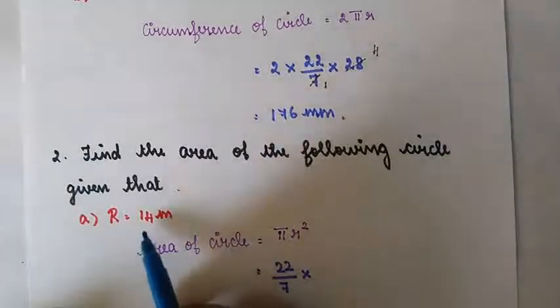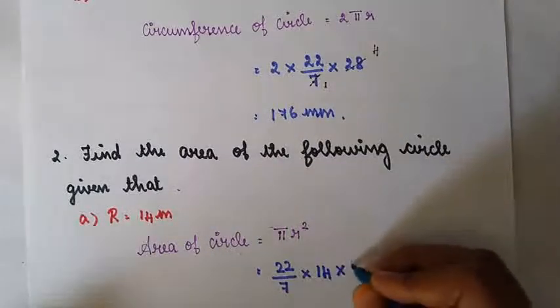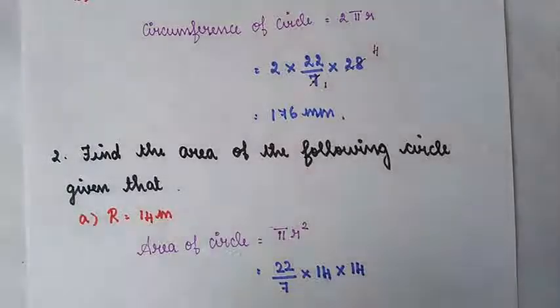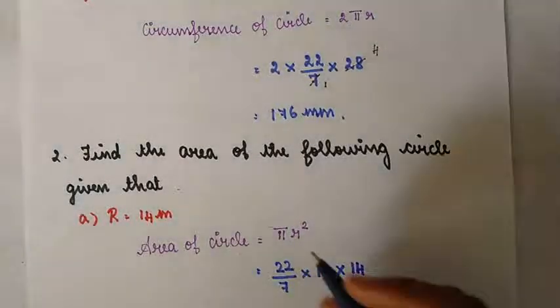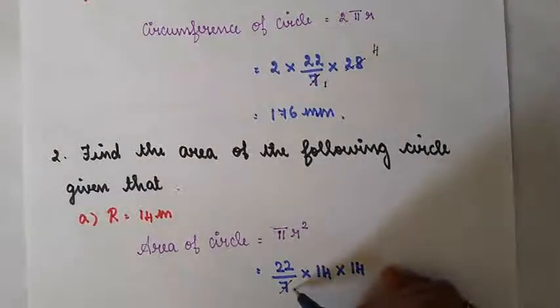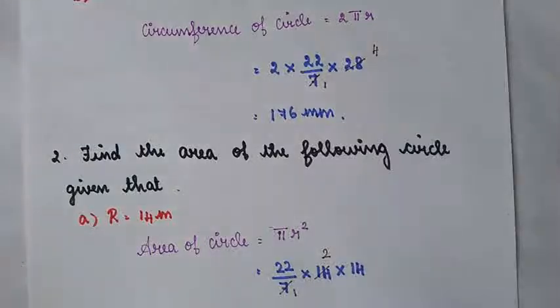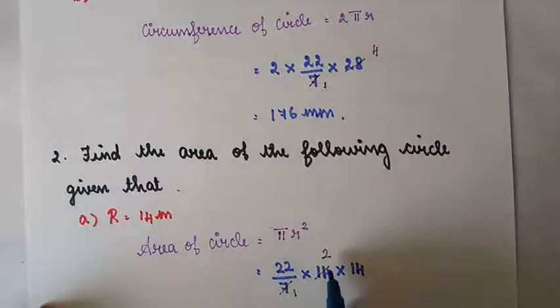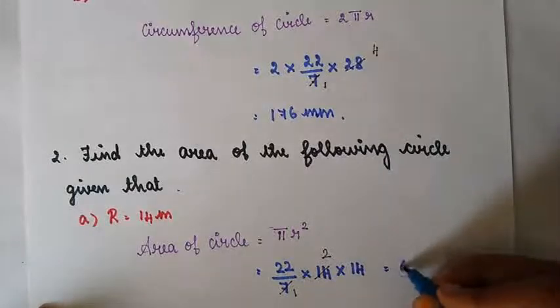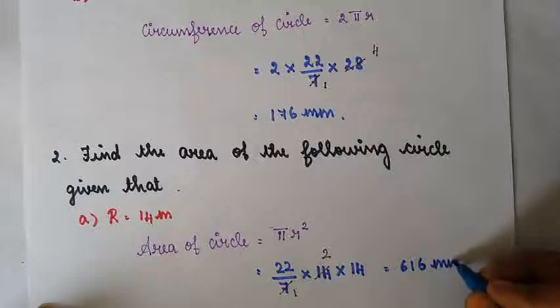Here what is the value of r? 14. So 14 into 14. Next, what is the next step? We have to cancel. 1 7s are 7, 2 7s are 14, 14 2s are 28. So 22 into 2, 44, 44 into 14 is 616. What is the unit of area? Square unit. So you put square.